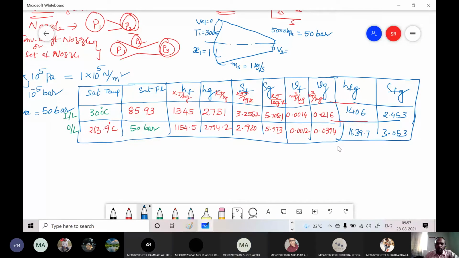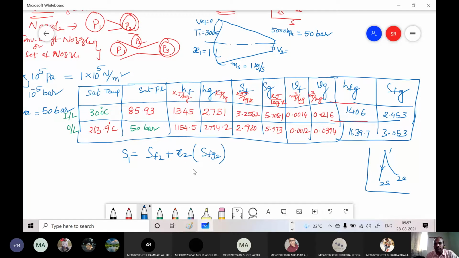Next, we will find the quality of the steam at the outlet. As we know, the expansion of the steam is isentropic in the nozzle. This is the actual expansion and this is the isentropic expansion. At 1, S1 equals SG1. S1 equals SF2 plus X2 into SFG2.